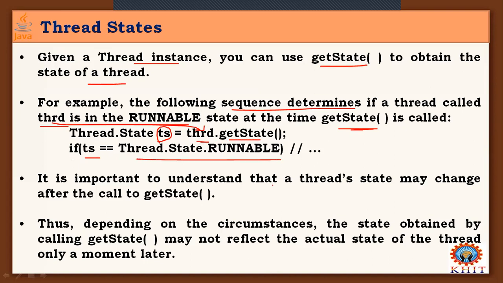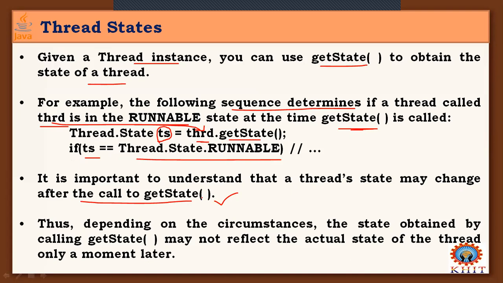it is important to understand that the thread state may be changed after the call to getState. Why? Because the process execution currently working or processing on the CPU, that state may be changed at any time, at any instant of time. When you make a call, maybe you are expecting runnable, sometimes maybe it gets terminated state. Why?